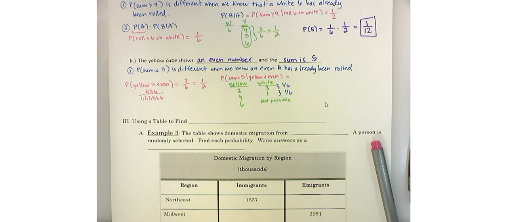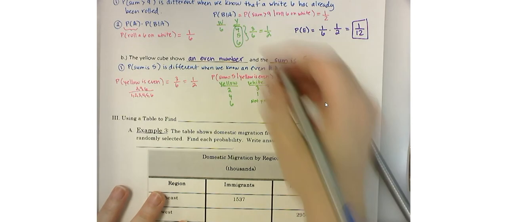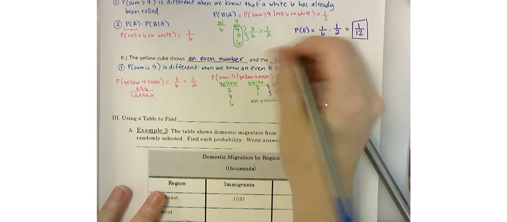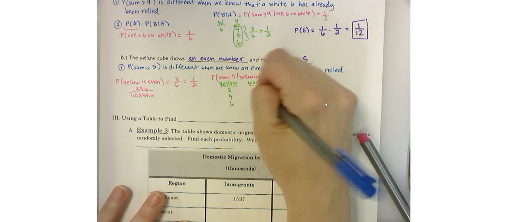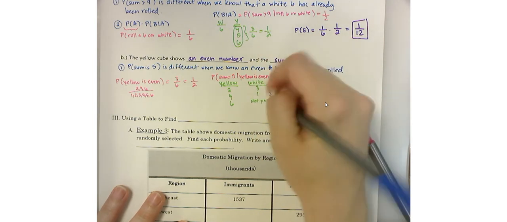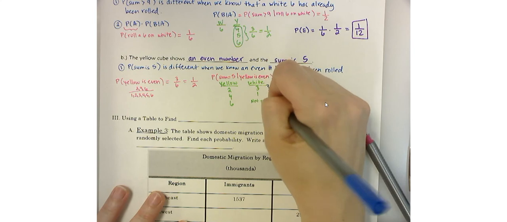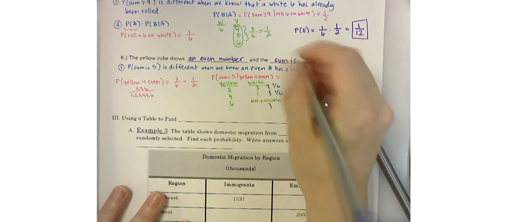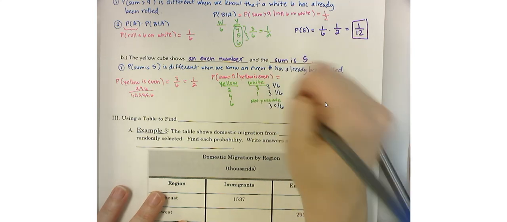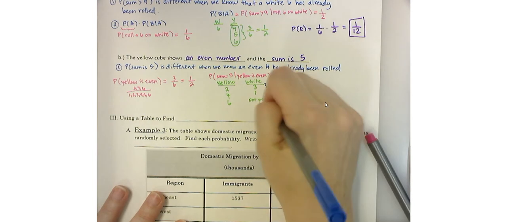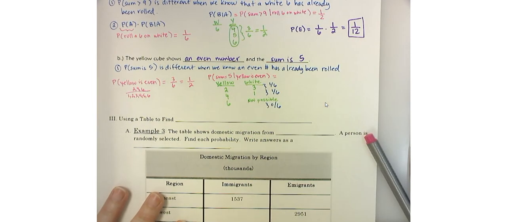You have 0 out of 6 tries here. So when you're finding this probability, you're going to add up how many rolls there would be. So 6 plus 6 plus 6, which would be 18. And then you have one possibility here, one possibility here, which means you would have 2 out of 18.